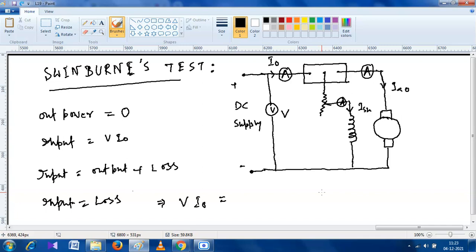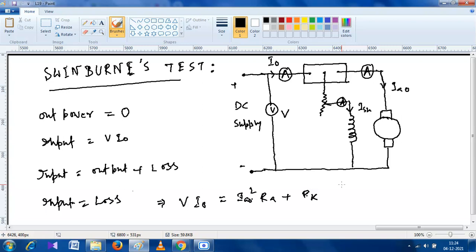One is called variable loss and another is called constant loss। हम इसमें ब्रास लॉस को कांस्टेंट लॉस में दे रहे हैं और नेग्लेक्ट भी कर सकते हैं, क्योंकि आर्मेचर करंट जो जा रहा है वो बहुत कम है, इसीलिए हम ब्रश वोल्टेज ड्रॉप को नेग्लेक्ट कर रहे हैं। ये इक्वेशन तब सेटिस्फाई होगा ना?